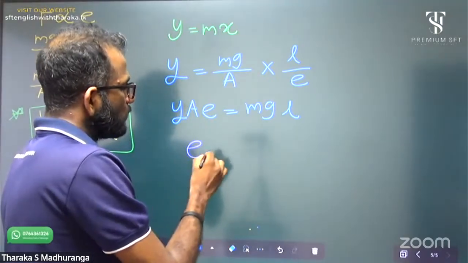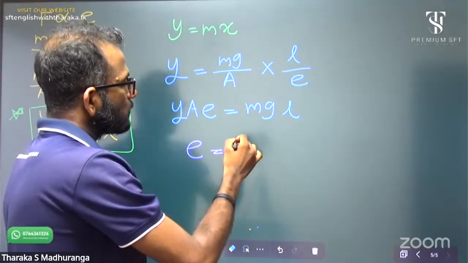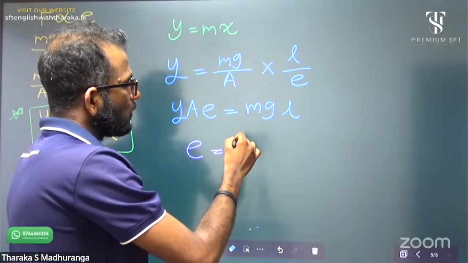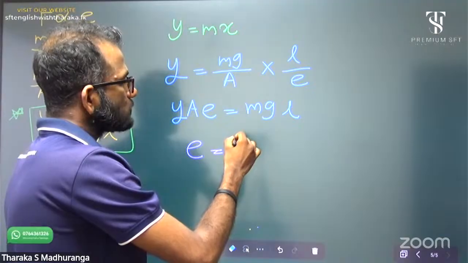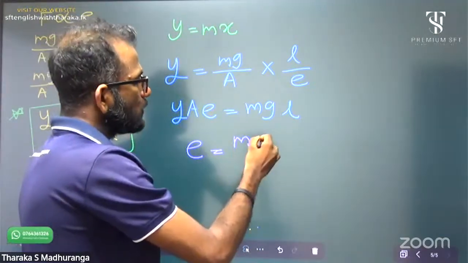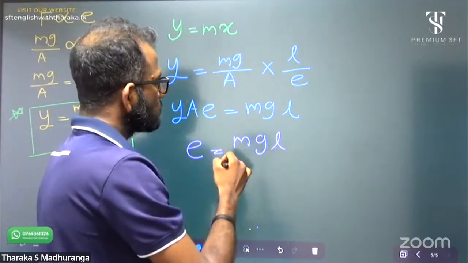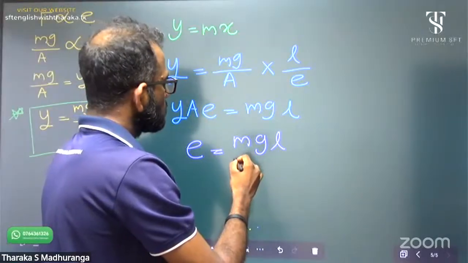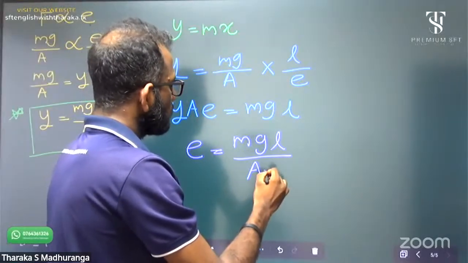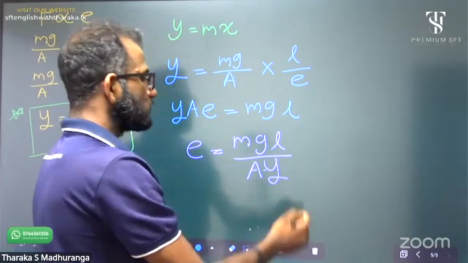Understand? e equals mgL over A times Young's modulus.